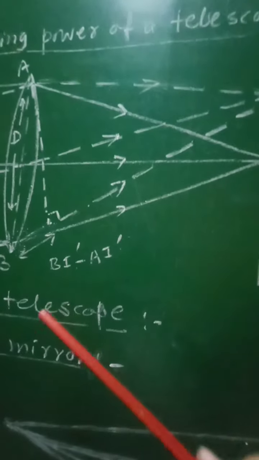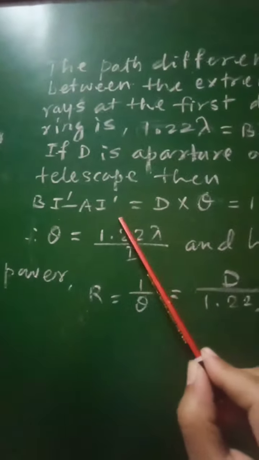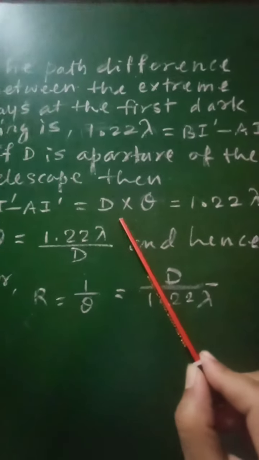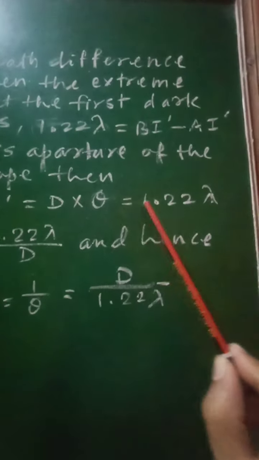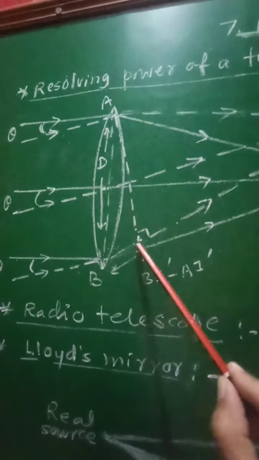And therefore Bi dash minus Ai dash will be given as D into theta, that is equal to 1.22 lambda. Now how is it D into theta?